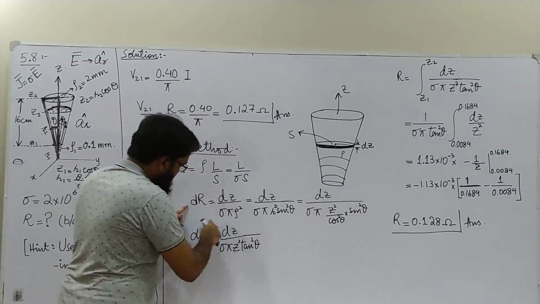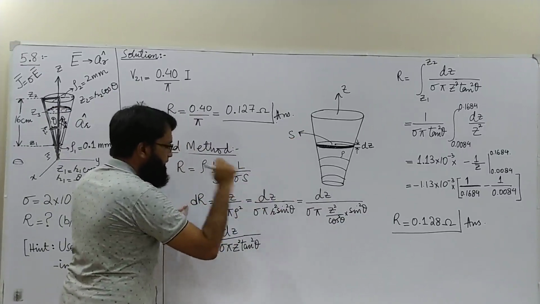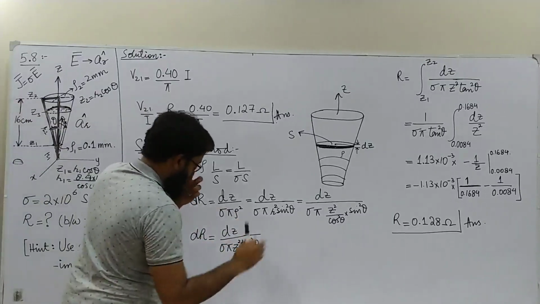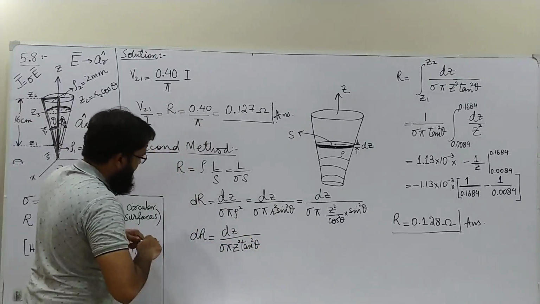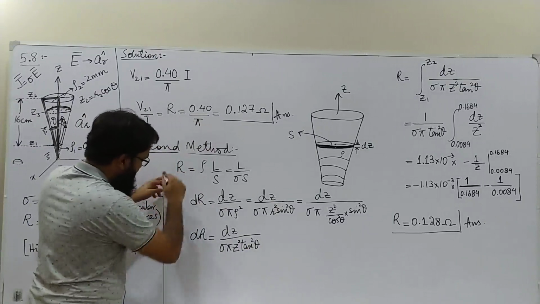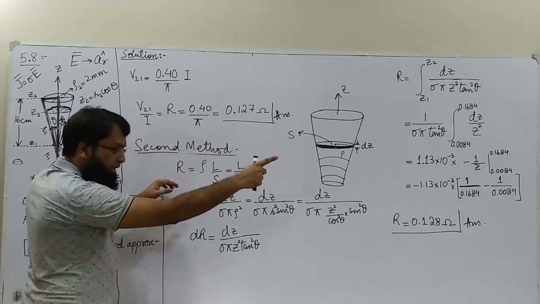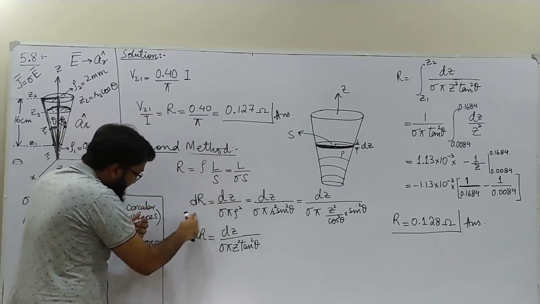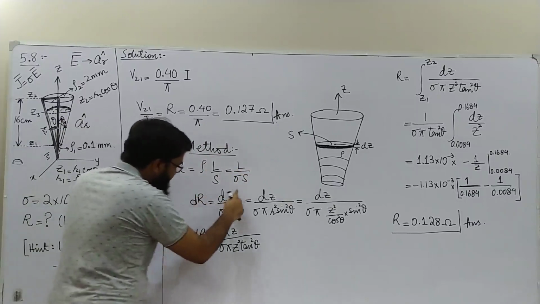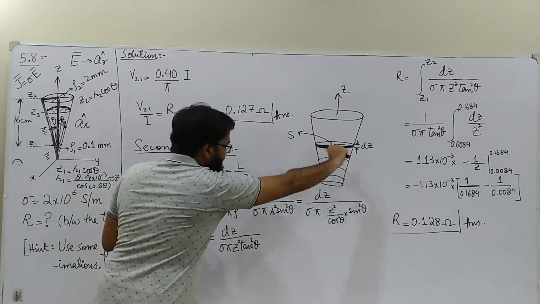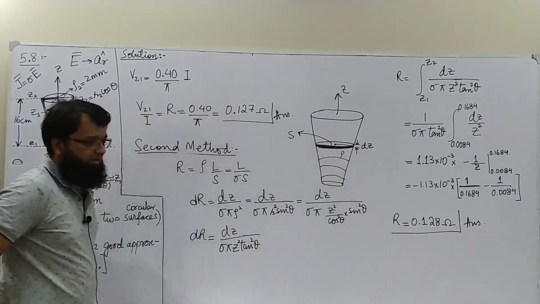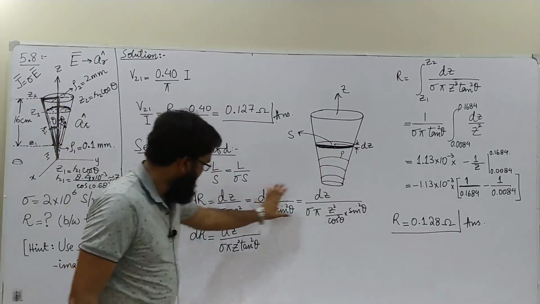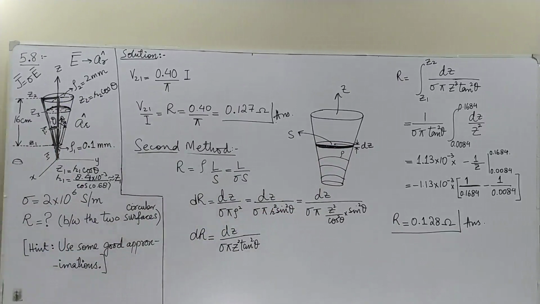So this expression would be valid for a wider cone as well. Let me correct myself here. Although this expression was derived for cylindrical conductors, as soon as we are talking in terms of differential entities, a cone, if you divide it in differentially small disks, can be treated as a cylinder. So now we do this maths and get the answer.